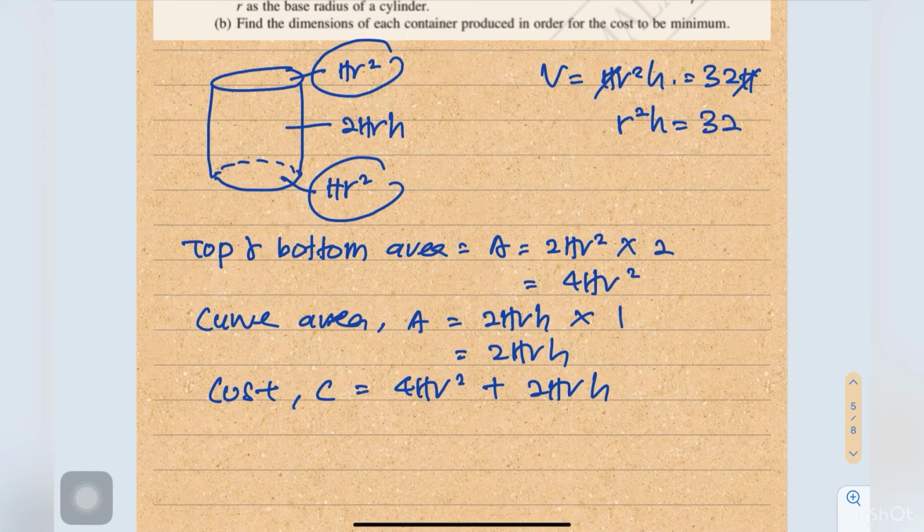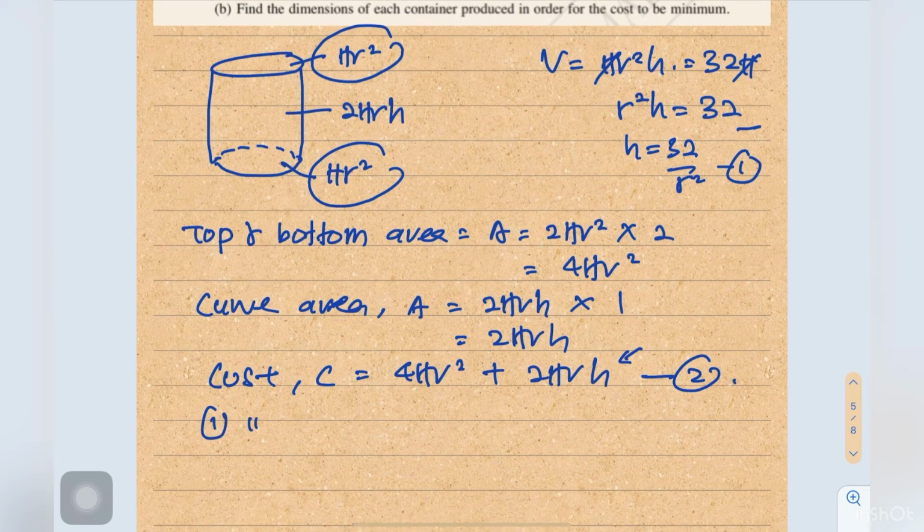Okay, so now for this equation, we can see we have two unknowns, which are r and h. Okay, but previously we already have the first equation here, with r and h, so we can make h the subject. Okay, so h equals 32 over r squared. Okay, this one is equation 1. This one equation 2.